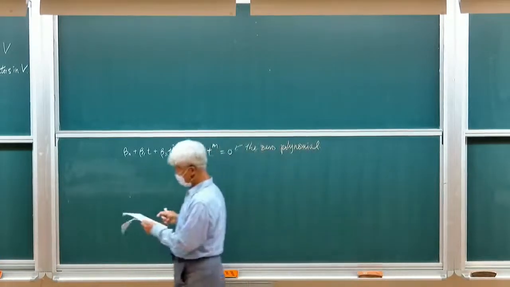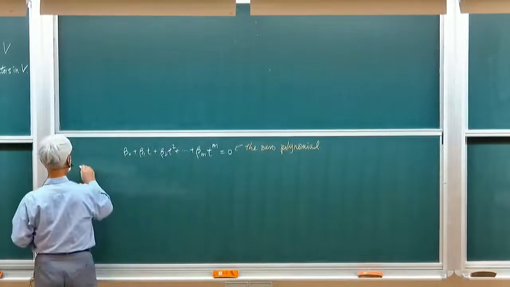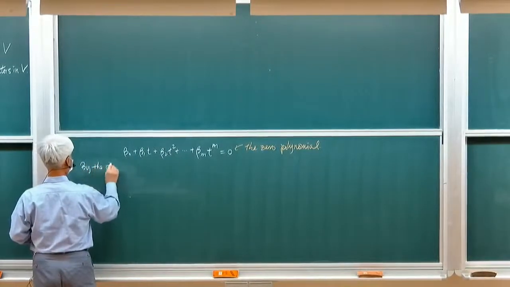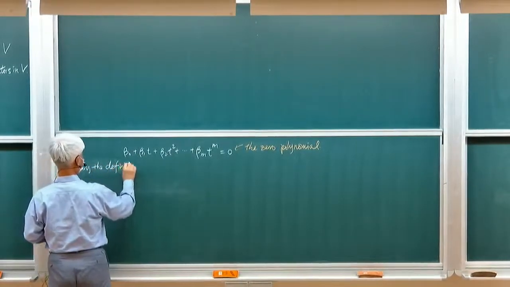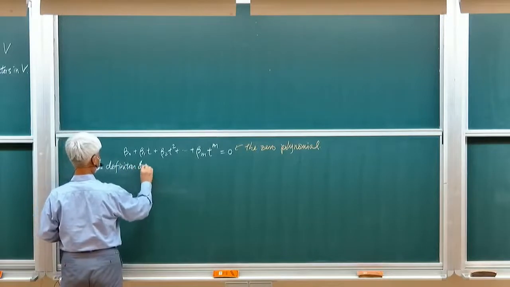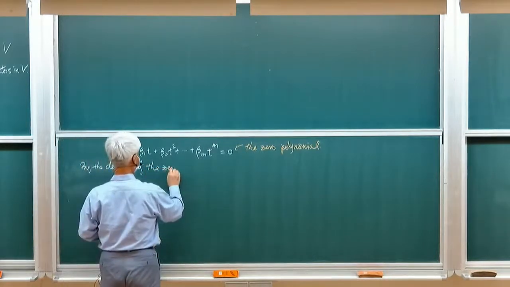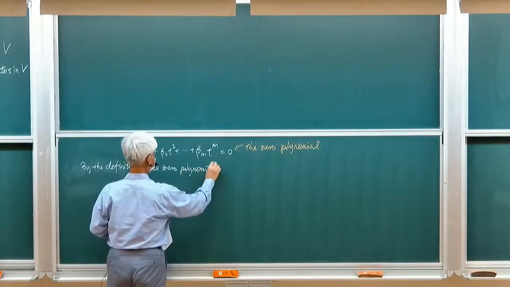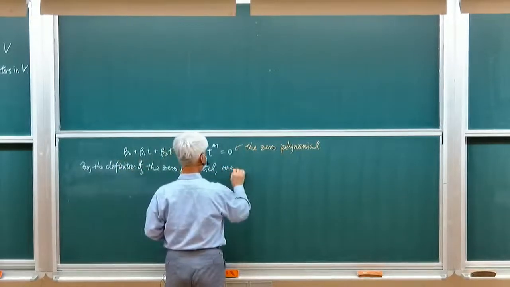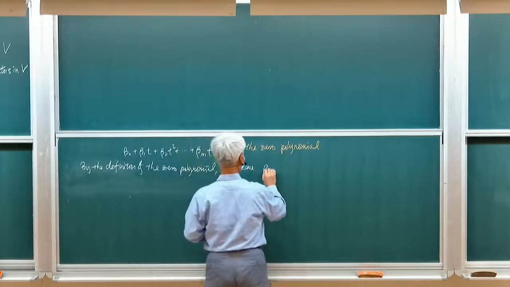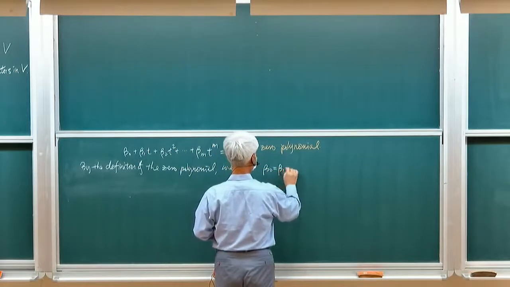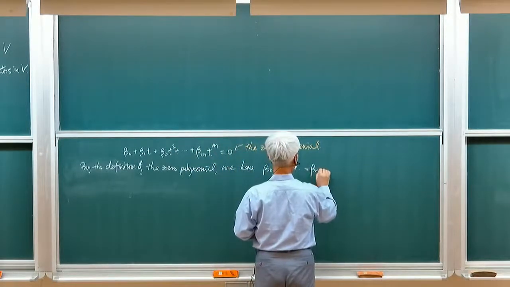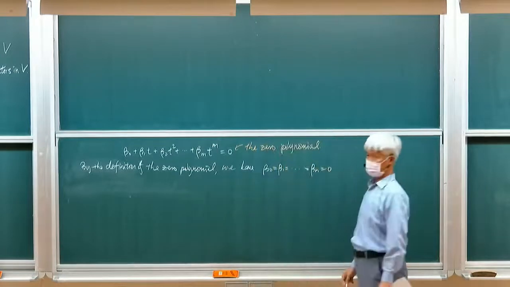All right. Now, by definition of the zero polynomial, we have all the coefficients beta to be 0.